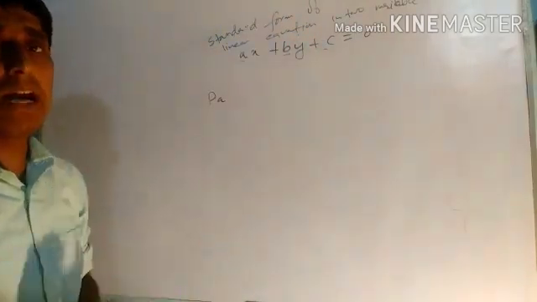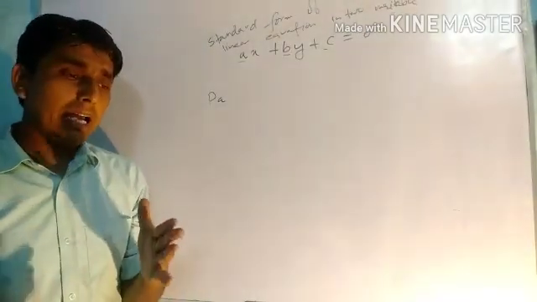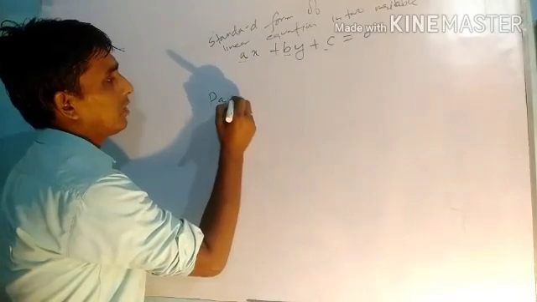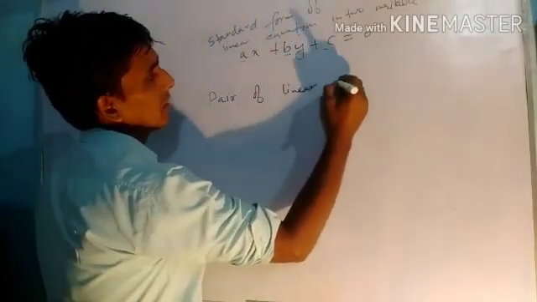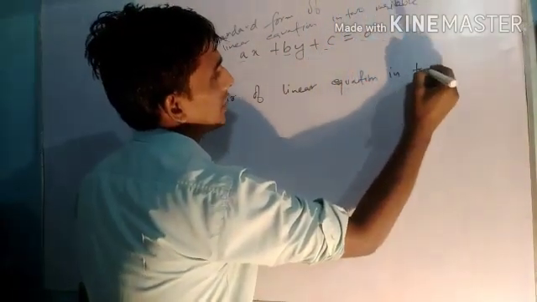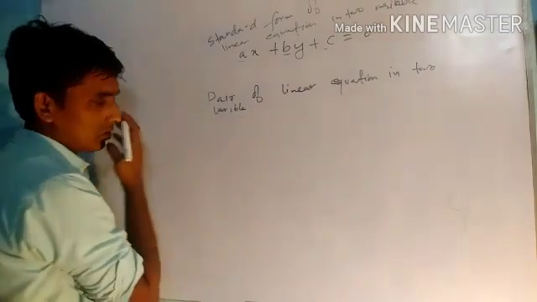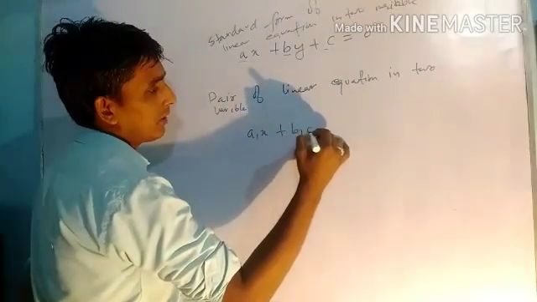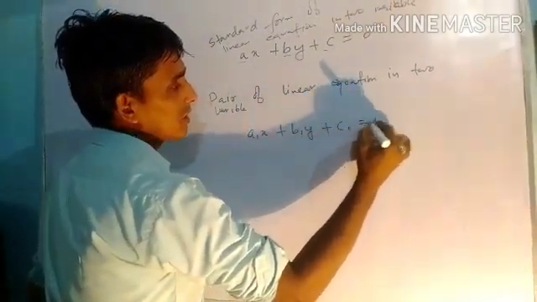Here in this chapter we have to study the pair of linear equations and their solutions. So if I write a pair of linear equations in two variables, here we will write a1x + b1y + c1 = 0.